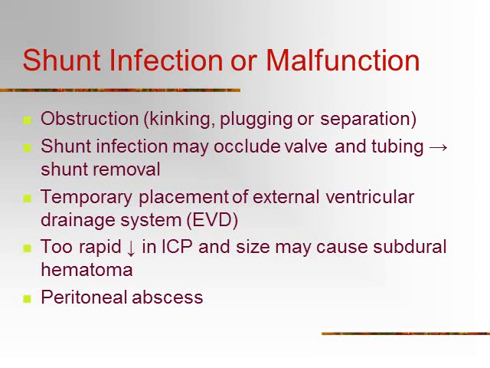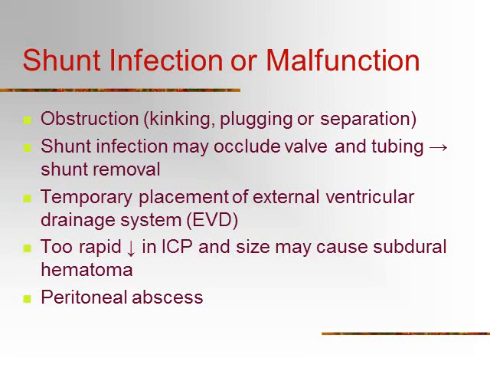So there could be an obstruction, like the VP shunt could get kinked, plugged, or separated, and then there can be infection. Obviously, having that tube is another portal for infection. The infection can include the valve or the tubing, and you would need to remove the shunt.